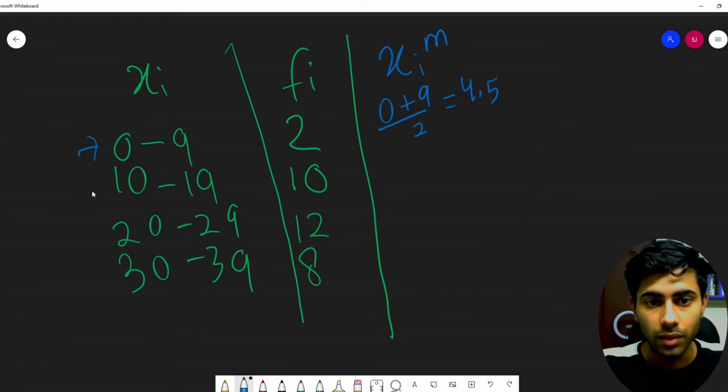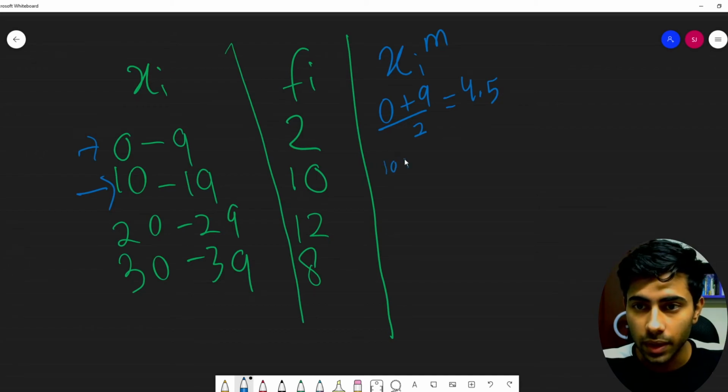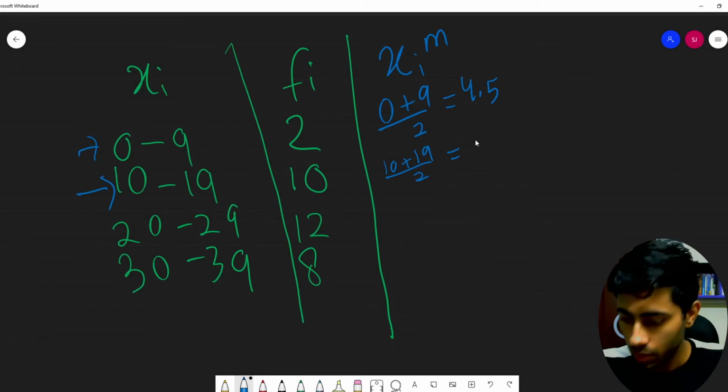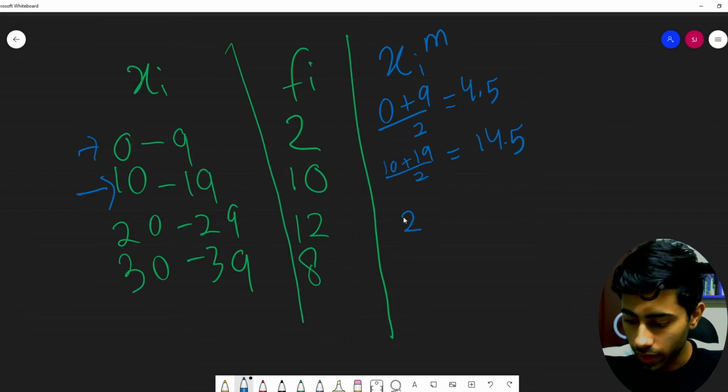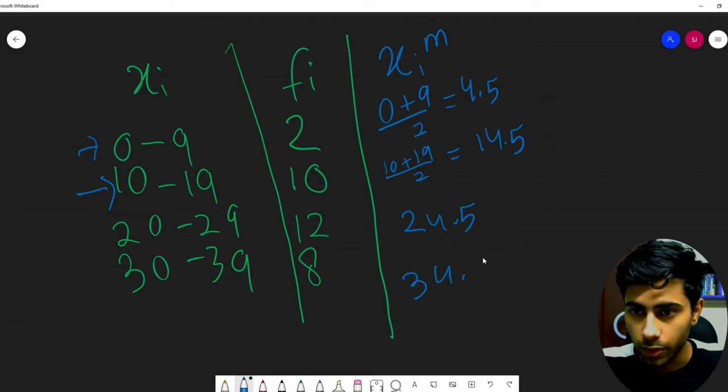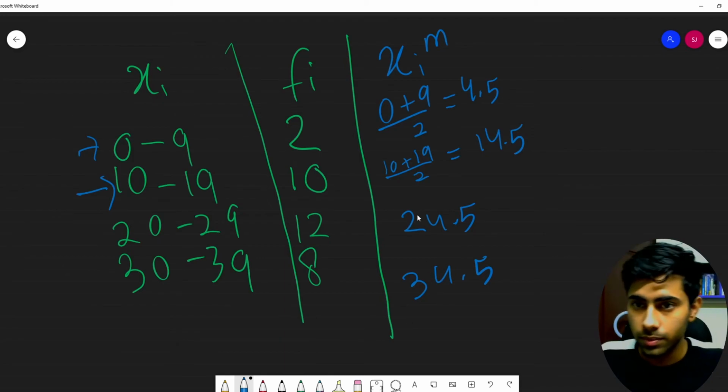When my class interval is 10 to 19, my mid value is going to be 10 plus 19 divided by 2, which is equal to 14.5. Similarly, this is equal to 24.5. This one is going to be equal to 34.5. So these are my xim values.